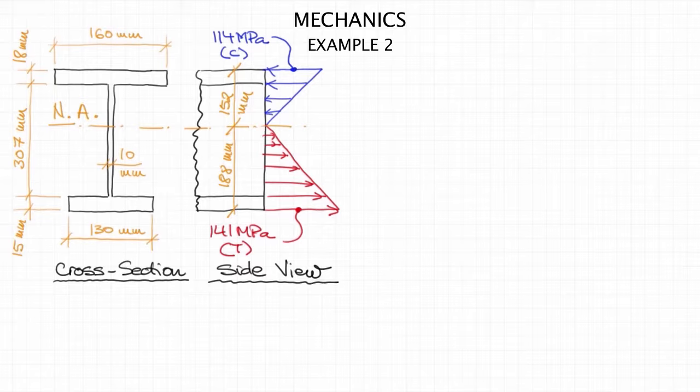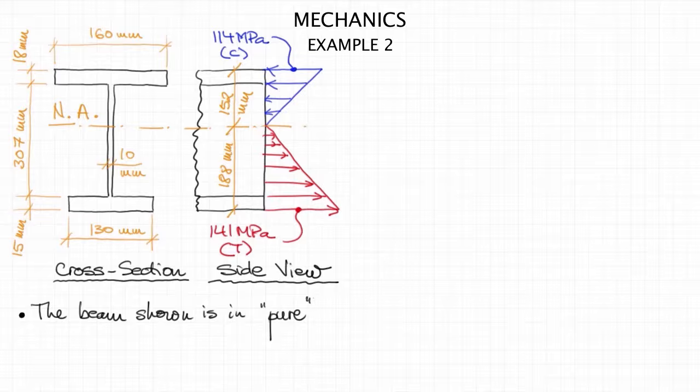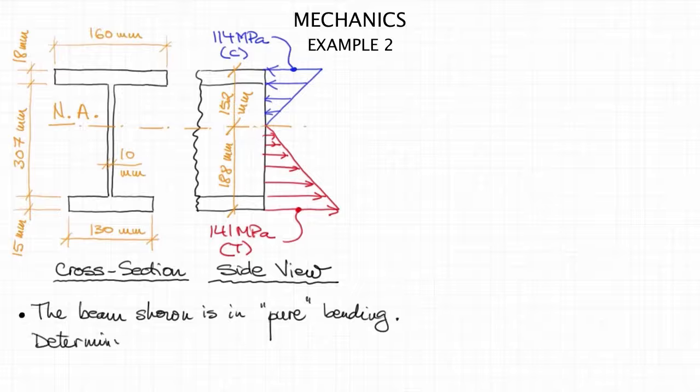And again, this is a beam that we're told is in pure bending. So the total force normal to the cross section is zero, or in other words, the net axial force in this beam is zero.